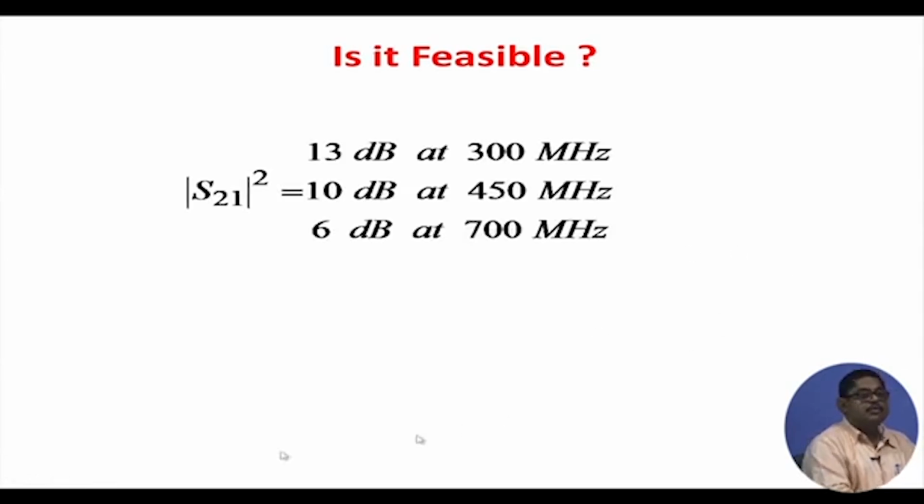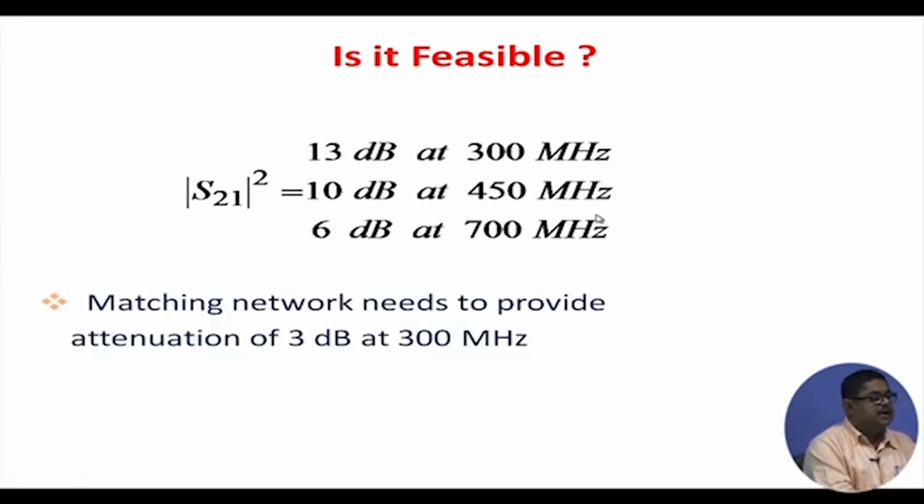We see S21 squared is already given at different values. If we calculate, it turns out that at 300 megahertz I have 13 dB, at 450 megahertz I have 10 dB, and at 700 megahertz 6 dB. I am supposed to get 10 dB gain. At 300 megahertz, the lower frequency, I have 3 dB extra.